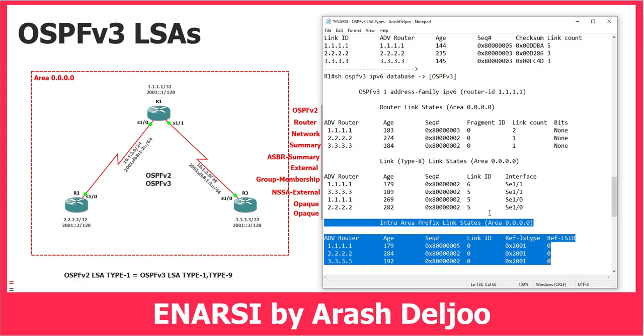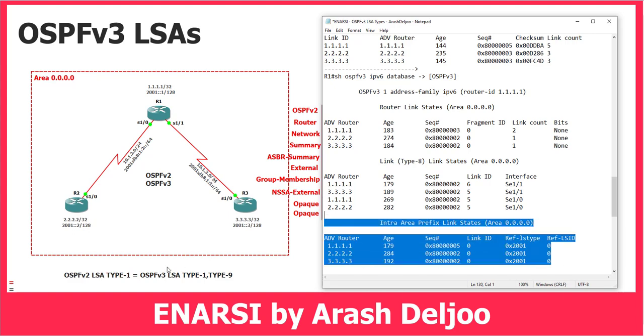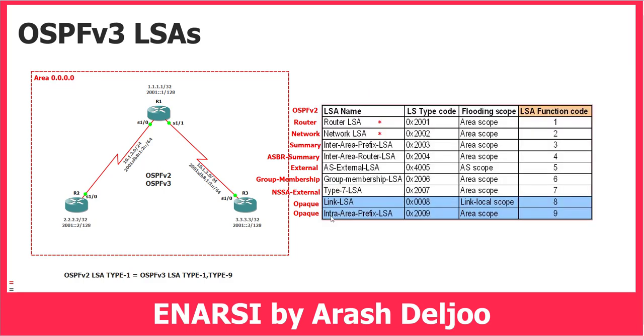The first type of LSA that I want to talk about is the LSA type 9. The LSA type 9 name is Intra-Area-Prefix LSA, and this is the new LSA type that we have in OSPF version 3. Before talking about the LSA type 9, let me say that OSPF version 2 LSA type 1 content equals the OSPF version 3 LSA type 1 and type 9.